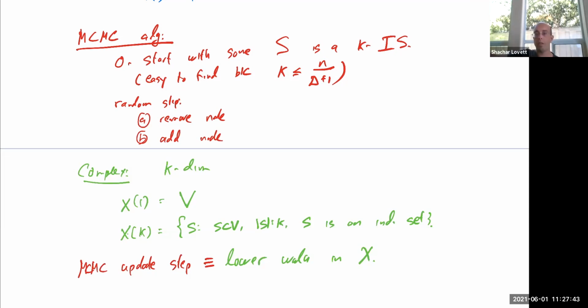Now the complex has all independent sets as its top faces. So again, going from one top face to another top face is a walk from an independent set of size k to another independent set of size k. So what I want to emphasize here is that all of the information on the question we're trying to study comes when we define the complex. So the complex encodes the type of objects we are trying to understand. So any questions on that before we move to analyzing it?